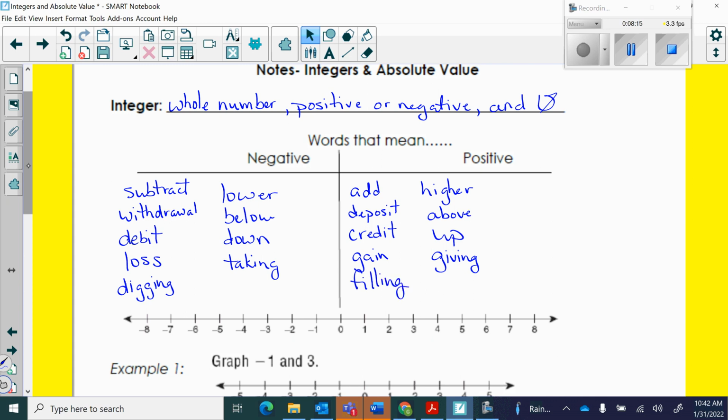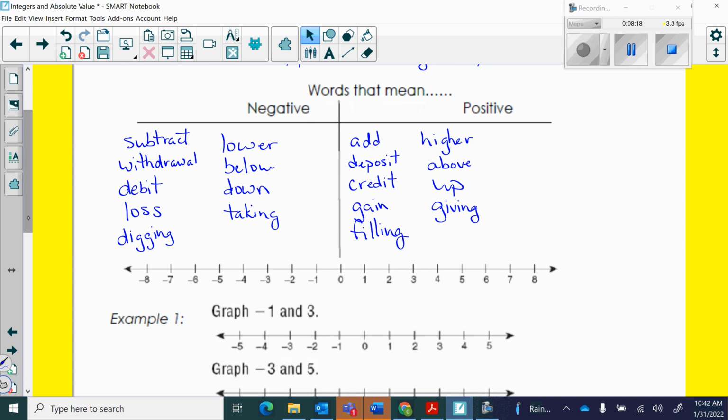Okay, so let's talk about our number lines real quick. When we build a number line now, our 0 should be in the center depending on the number set. I'll give that caveat. Sometimes it's all positive or all negative numbers. You don't have to include 0 on your number line. But anything to the right of 0, these are our positives.